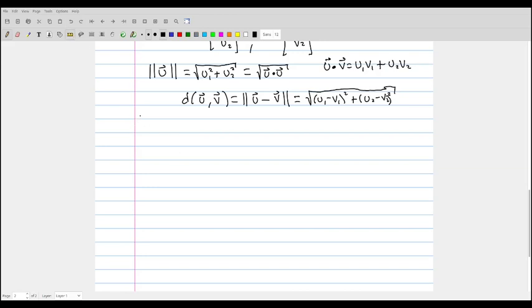To get a picture of this, you can draw out these 2 vectors. Call this vector right here u, the vector u1, u2. And this vector right here, the vector v, is v1, v2. Then we know that the vector u minus v is equal to this, the vector going between those 2 points.